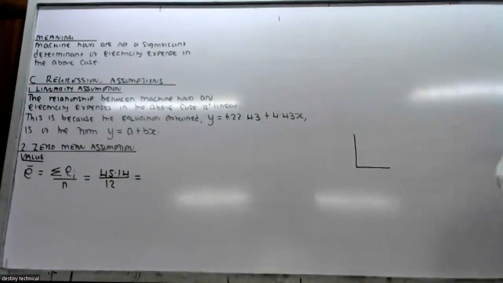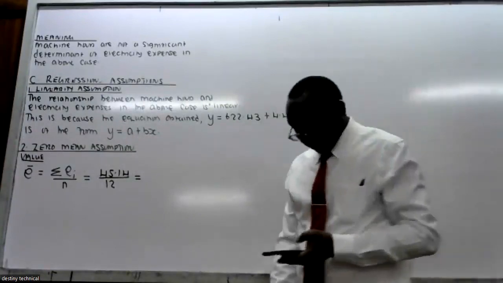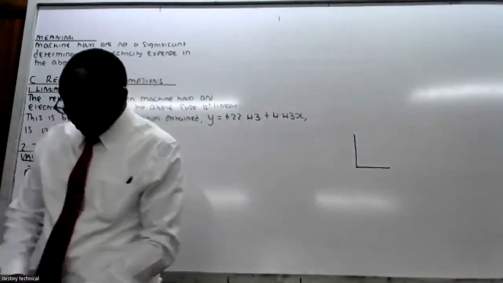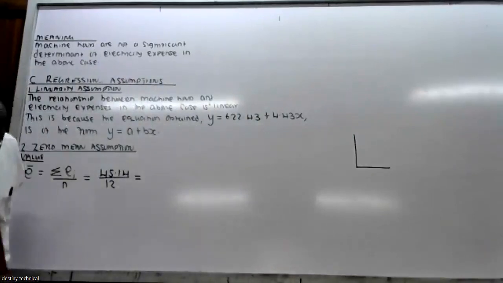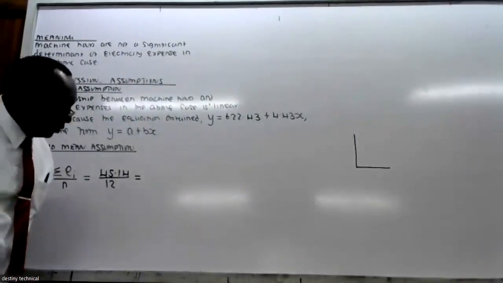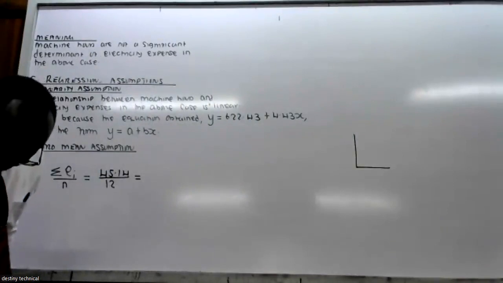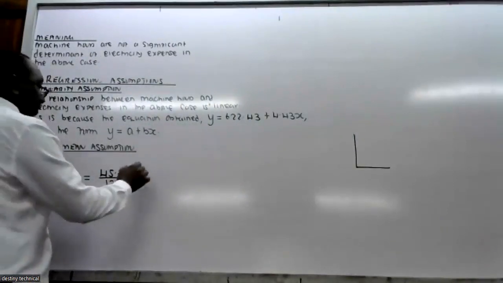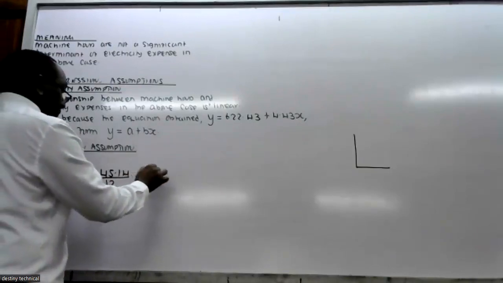If you get that 45.14 divided by 12, you get 3.76.